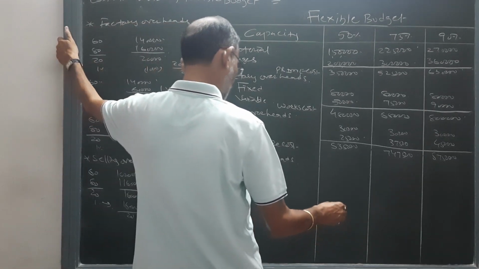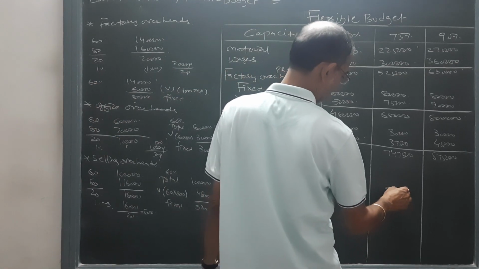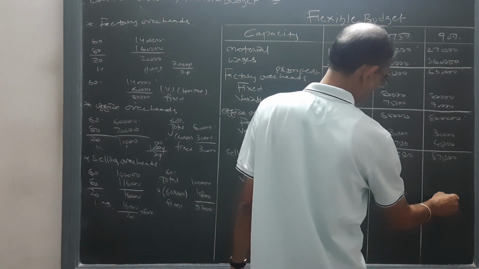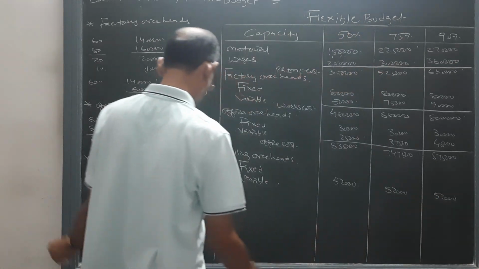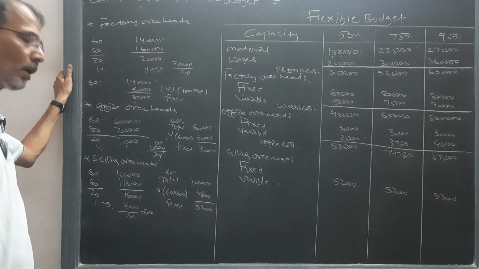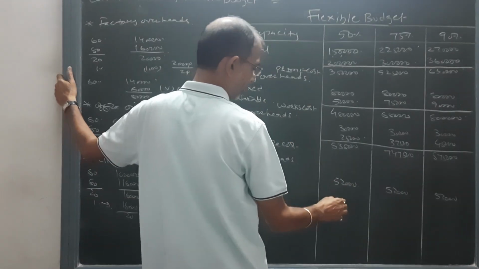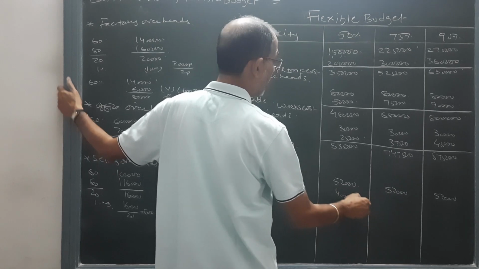Fixed are 52,000 at each capacity, and variable for 1%, that is 800. 800 into 50, 40,000.